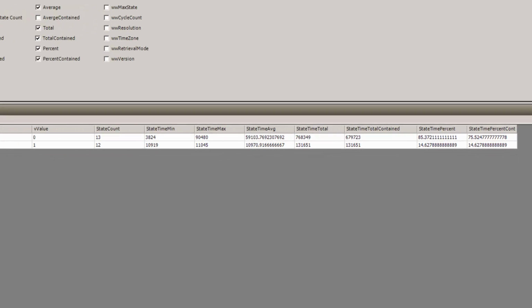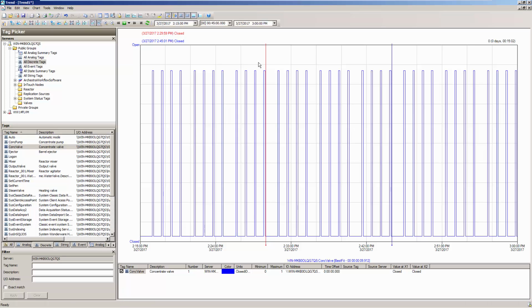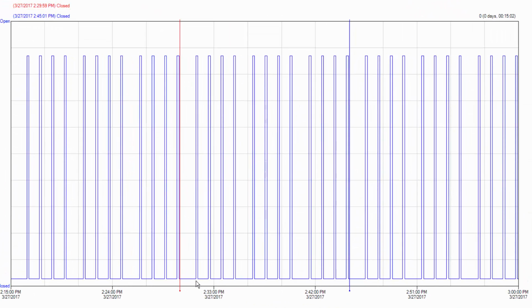If we were to look at my trend, we're going to see data here that unfortunately we're going to get rid of. The data that we're going to get rid of is this first part when it was off. The only time that we really would focus on this data, because it's contained, is when it had cycled on and off. So I will disregard this time that it was in an off state down below and go immediately to where it had cycled on.